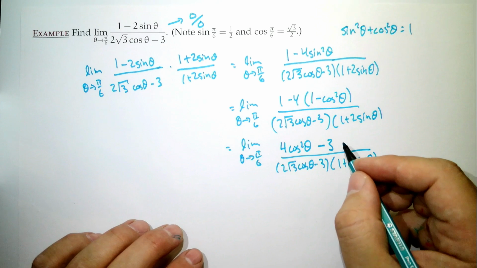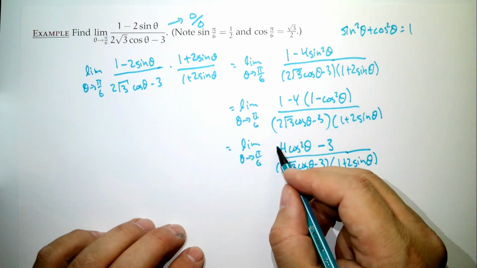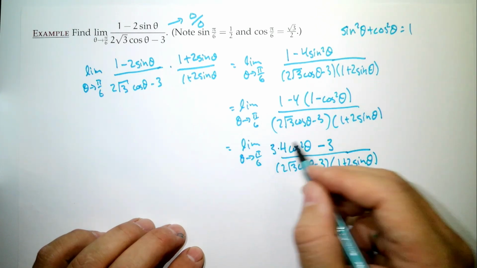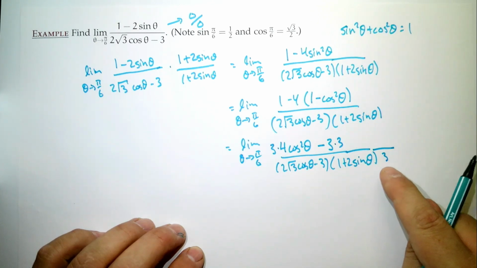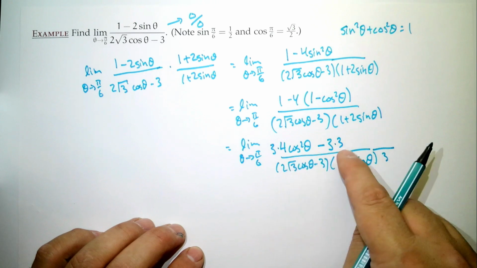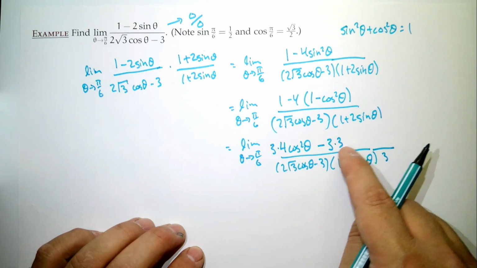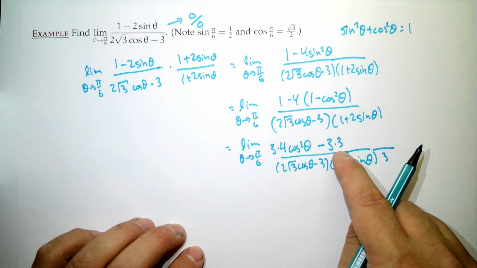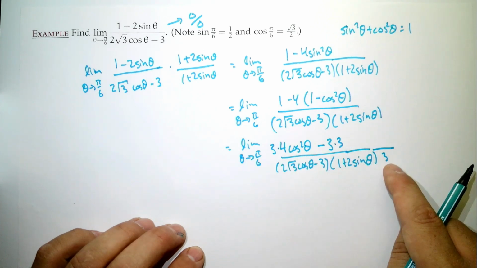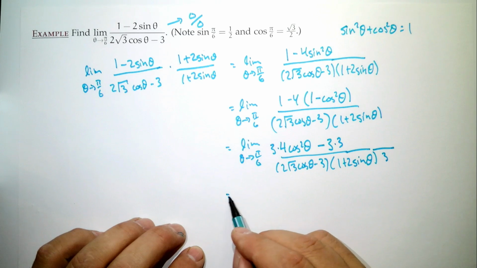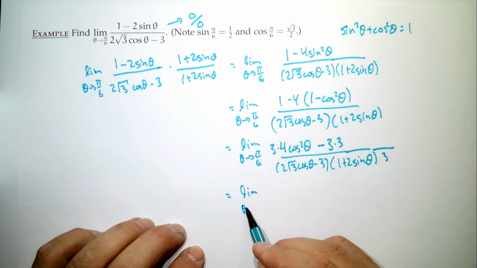Let's do something not immediately obvious, but let's multiply by 3 upstairs and 3 downstairs. Now, the reason I want to multiply is that whenever you have a difference, you can always think of it as a difference of squares. So I'm going to make this 3 squared. If I multiply everything by 3, then it's still 3 squared. So what do I have?